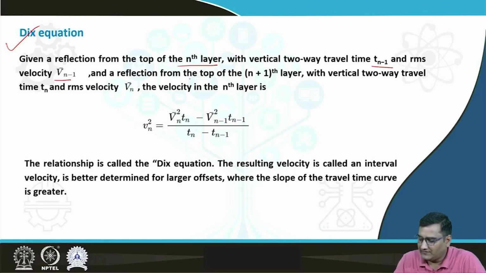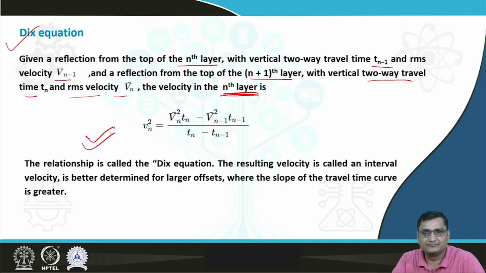And suppose the reflection is happening from the top of the n plus 1th layer with vertical two-way travel time Tn and the RMS velocity Vn, then the velocity in the nth layer you can find out using the Dix equation.